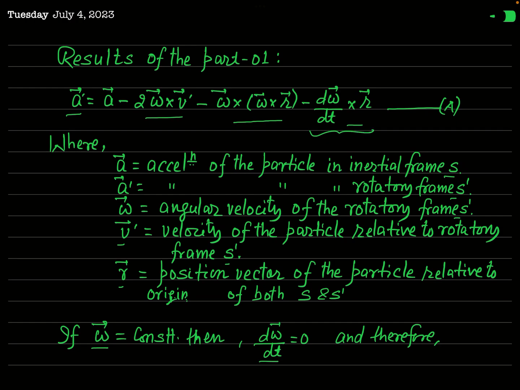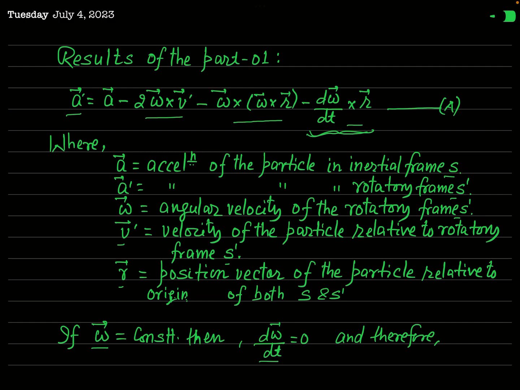The further discussion is based on the idea that we are considering a rotating frame which rotates with constant angular velocity. So in our further calculation, this term will not exist because we are considering d omega by dt equal to 0 since omega is constant.